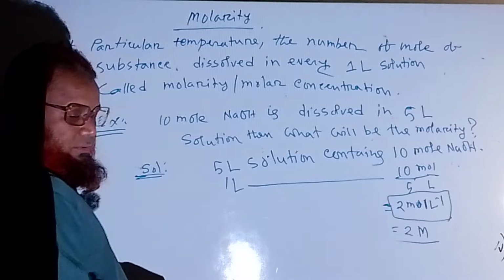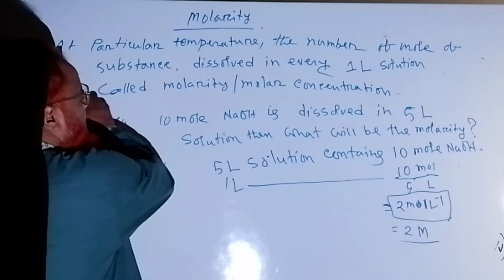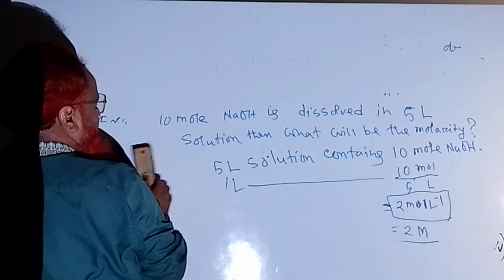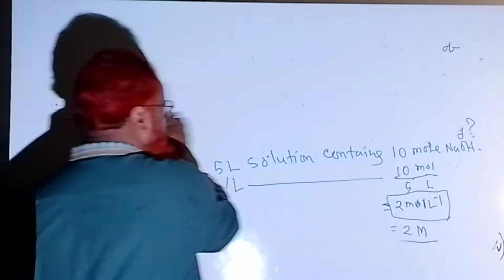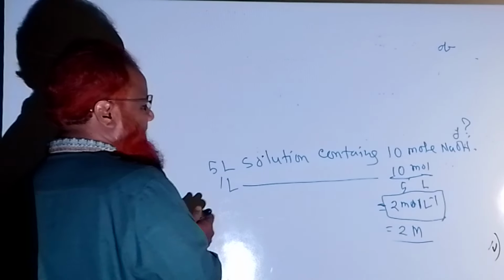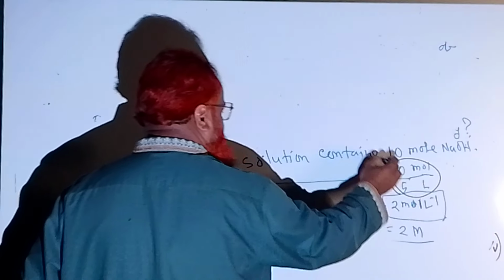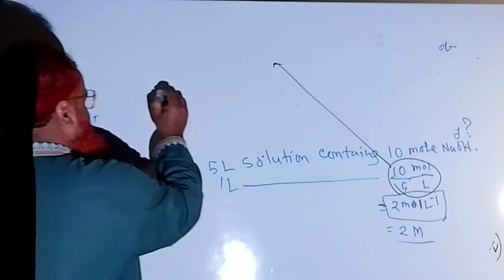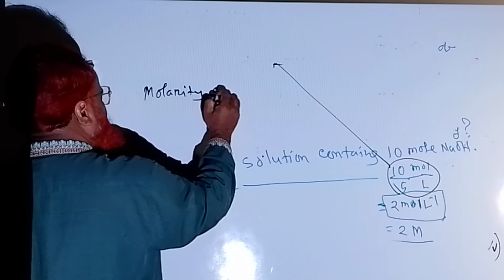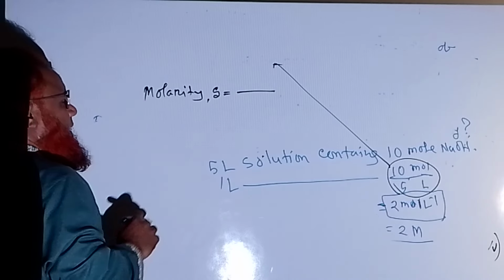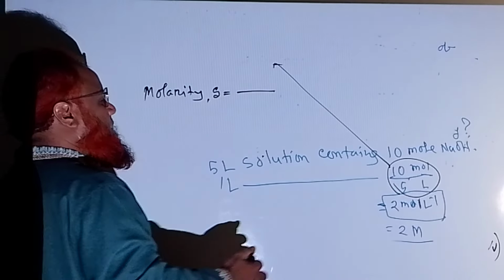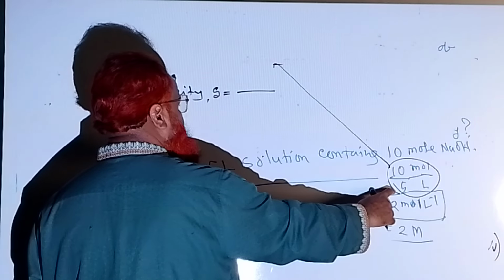Okay. Now we'll make a formula. Look at here. Here 10 by 5. Molarity is symbolized by S. Now here 10 mole and here 5 liter.